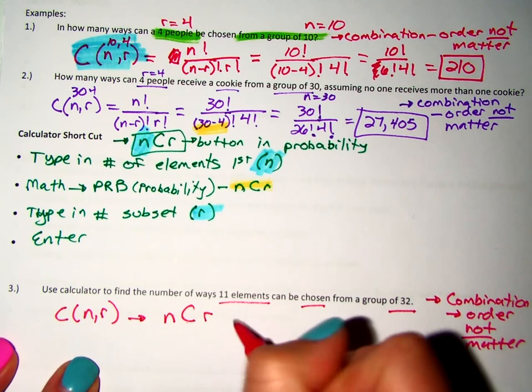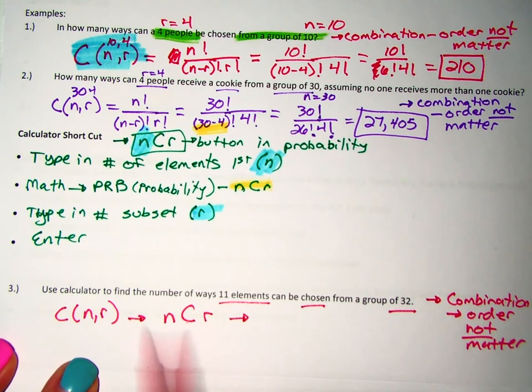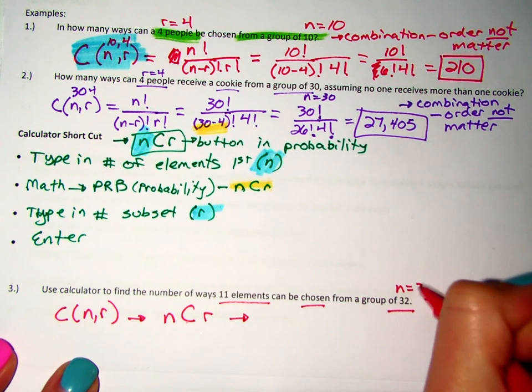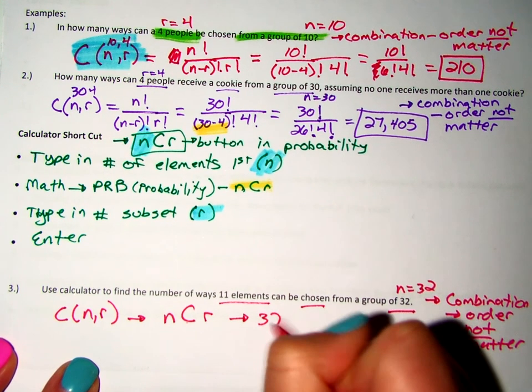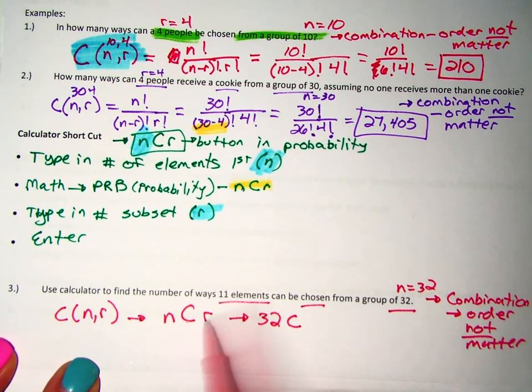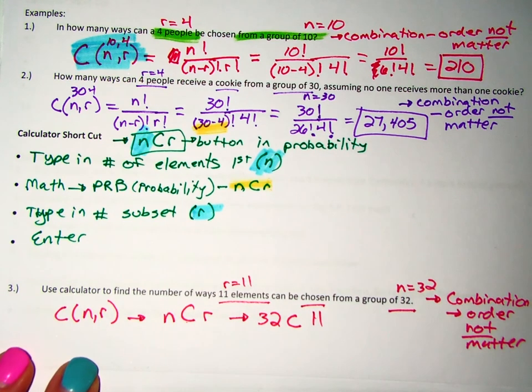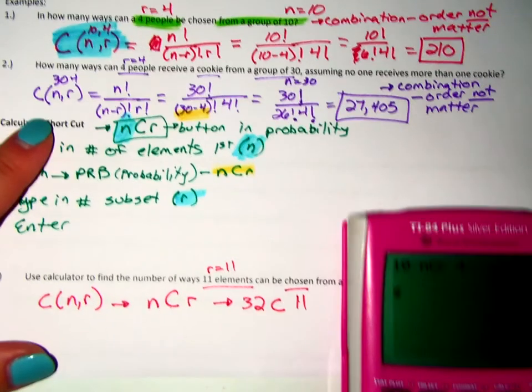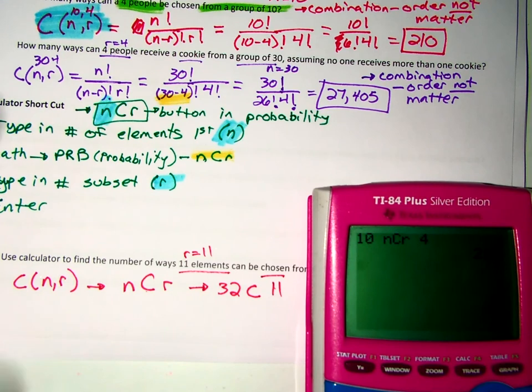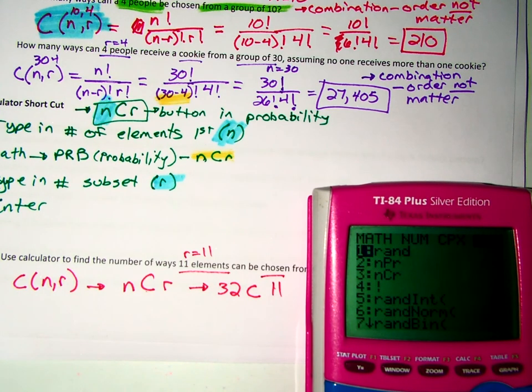So to show my work, I need to definitely write this out. So I have to decide how many number of elements there are. Well, my n is 32. So this is 32C, and then my r is the total chosen, which is 11. So then we can go ahead, right? Go into our calculator, type in the 32, go to your math button, go over to probability, down to nCr, and then we're choosing 11 of them.